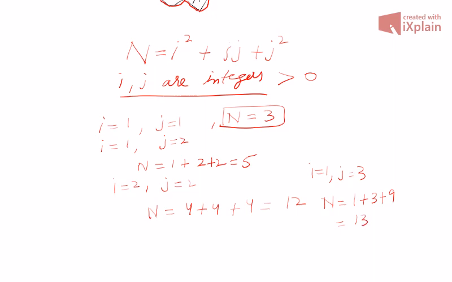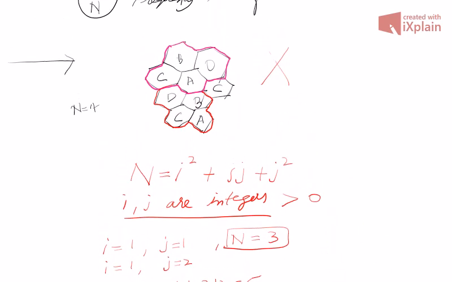Oh, we can actually put 0 also. That is how we will get 4. Just see, i equal to 0, j equal to 2, we will get n equal to 4. So 4 is also correct.